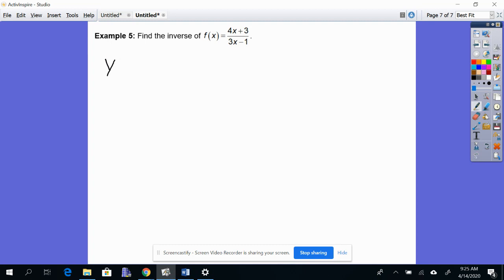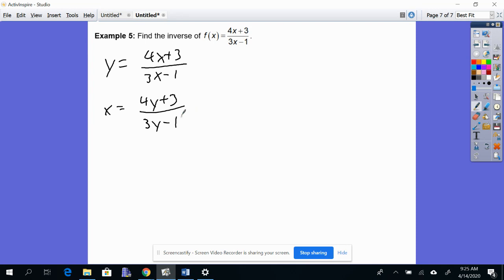So same process though. y equals (4x plus 3) over (3x minus 1). Swap x's and y's. So x is equal to (4y plus 3) over (3y minus 1).